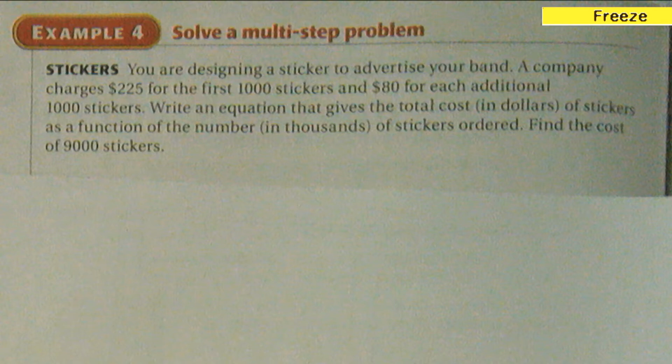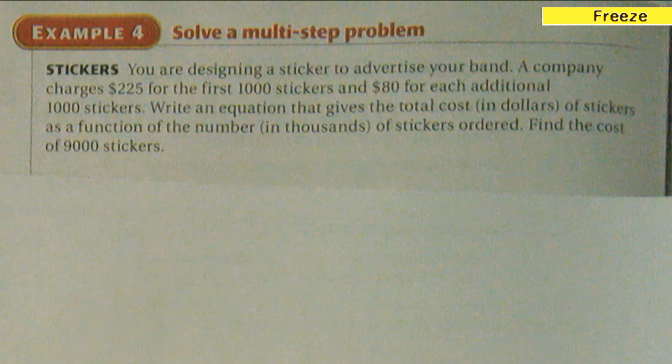So as you're writing this down, it's total cost of stickers as a function of the number of stickers in thousands. So if I have 1,000 stickers, that means my X is a 1.